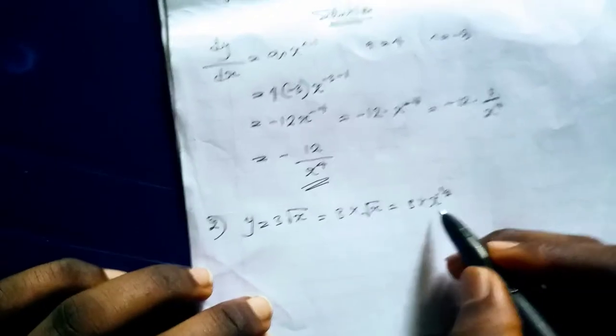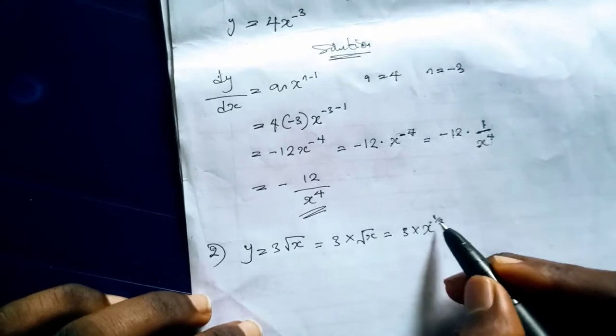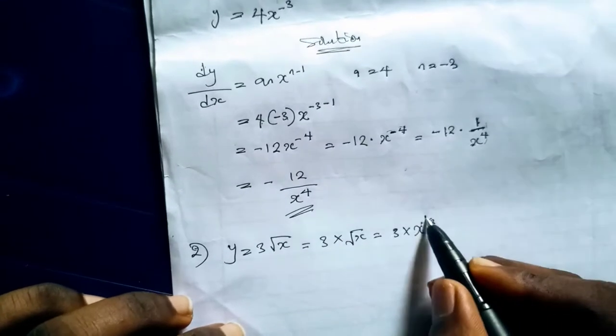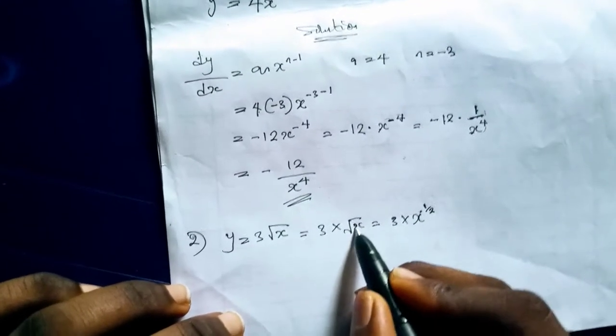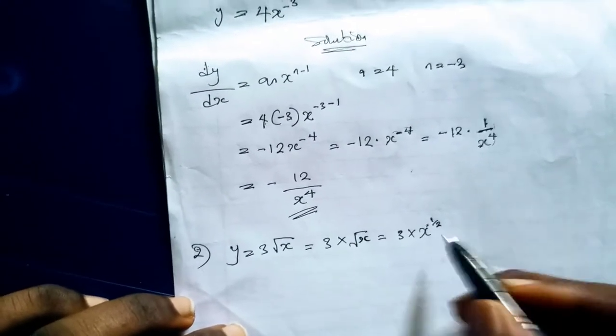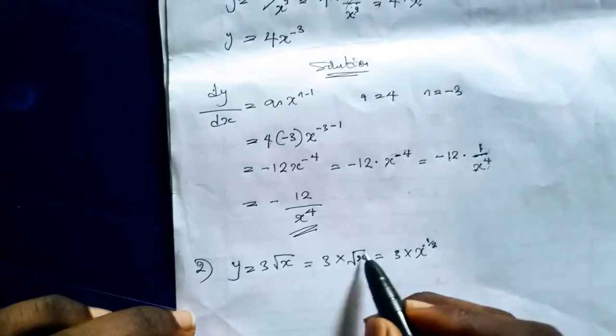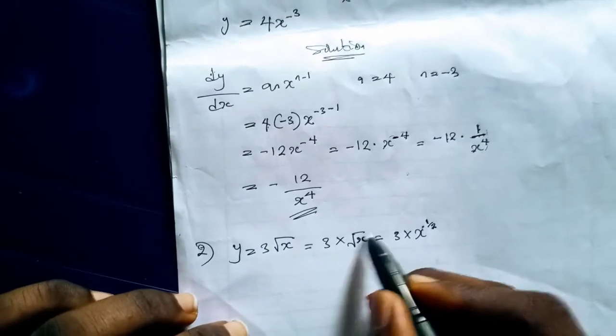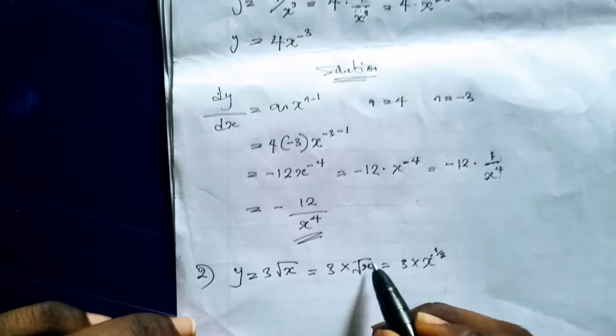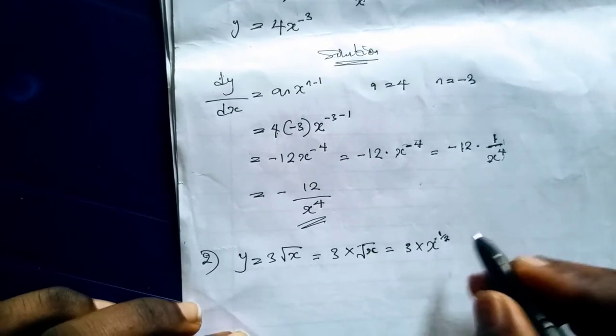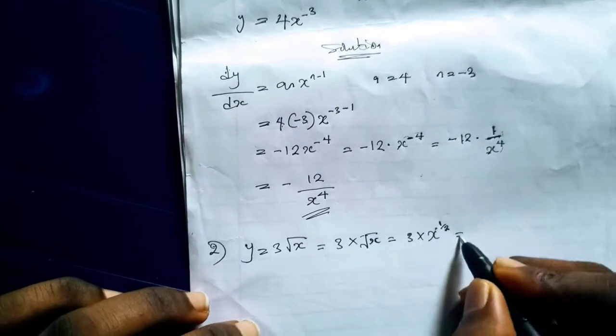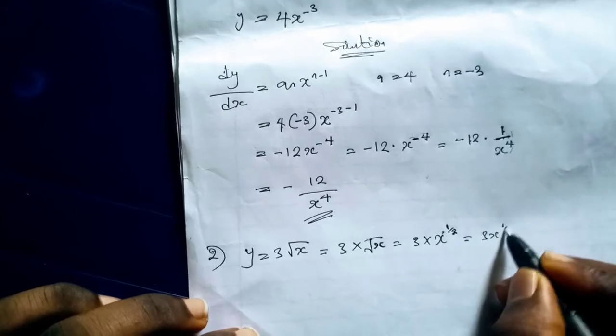But this is positive, and we have 1 over 2. It means that this one is the power, and we can see from here, x is raised to the power of 1. And here is the root 2, which is the square. So this represents the square root. And we can say that this is equal to 3x to the power 1 over 2.